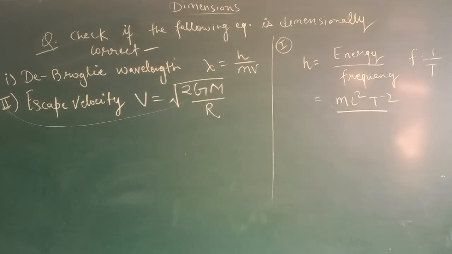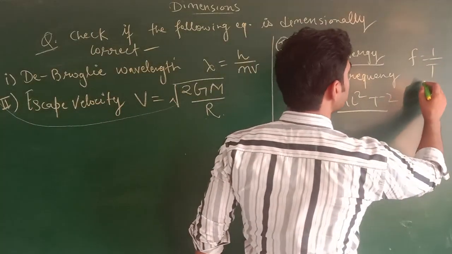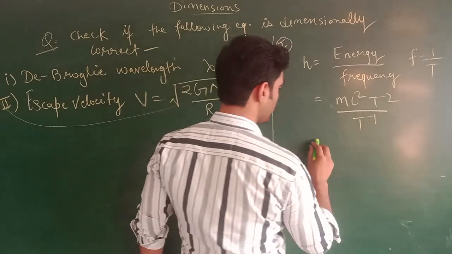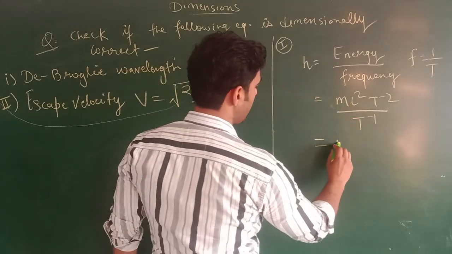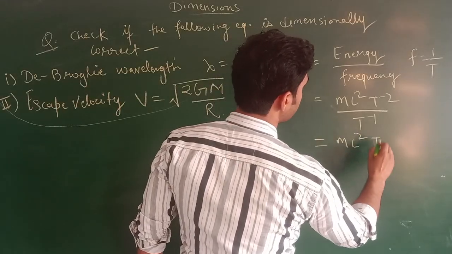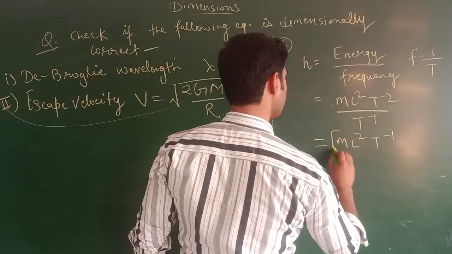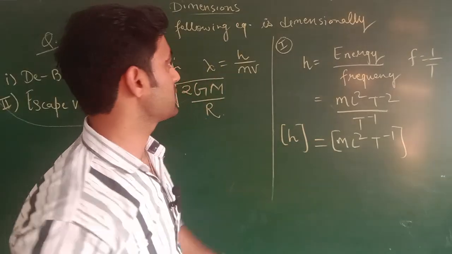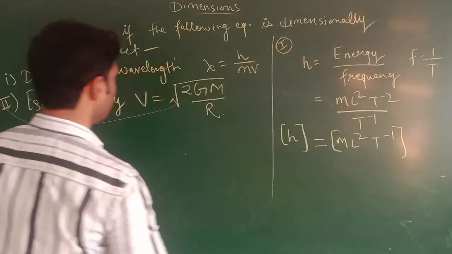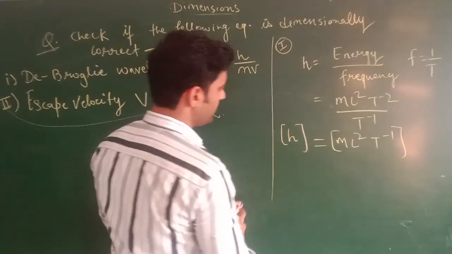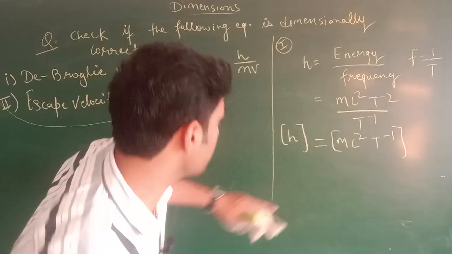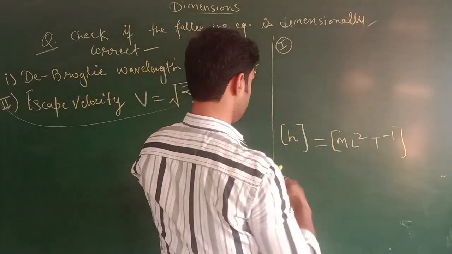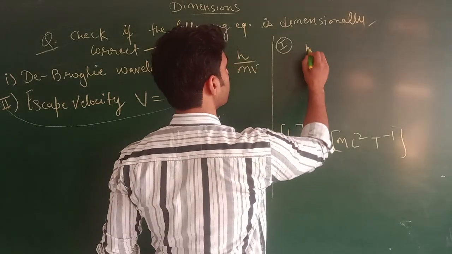So 1 by T means the dimensional formula of frequency will be T power minus 1. So we are going to have M L square T power minus 1. This is the dimensional formula of Planck's constant. Let's put it in the equation. I will erase this part. Let me shift it here.